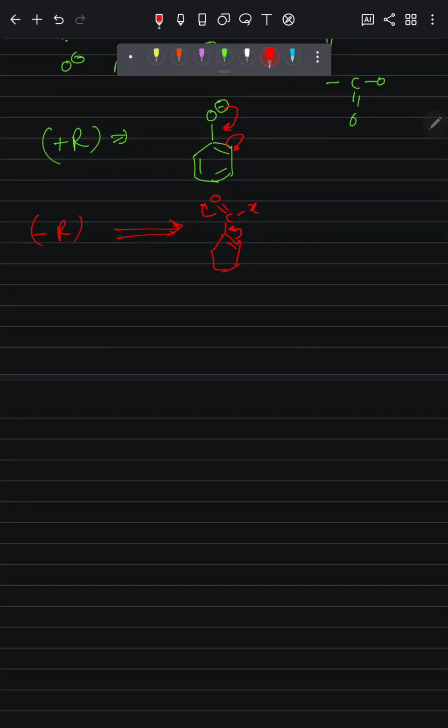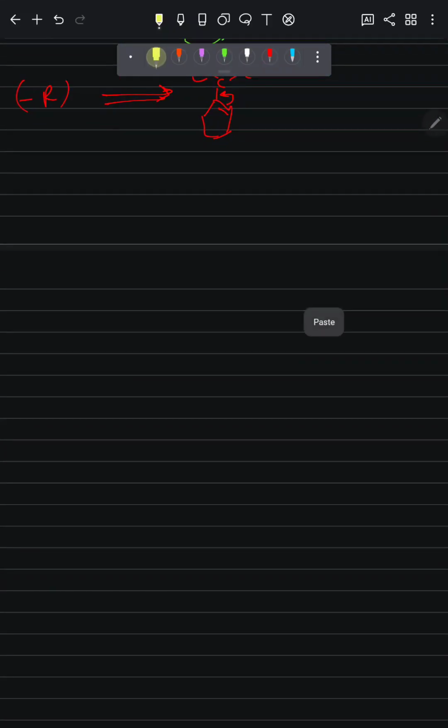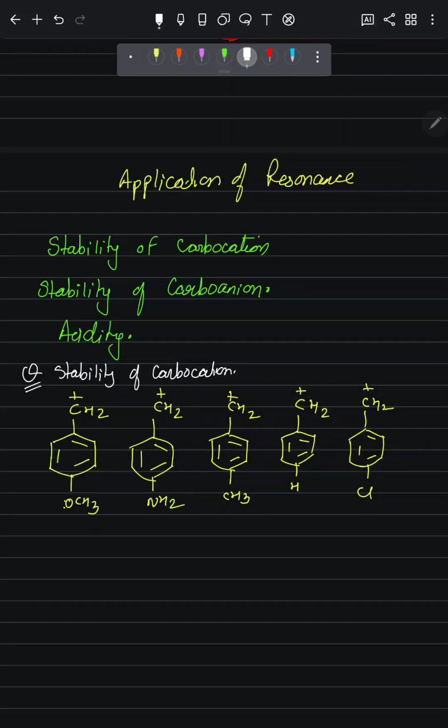So there are some applications of resonance in which we discuss the stability of carbocation, stability of carbanion, and acidity. So let's take an example of stability of carbocation. So we know that it is a carbocation. To stabilize this carbocation, we need an electron donating group, just like this.